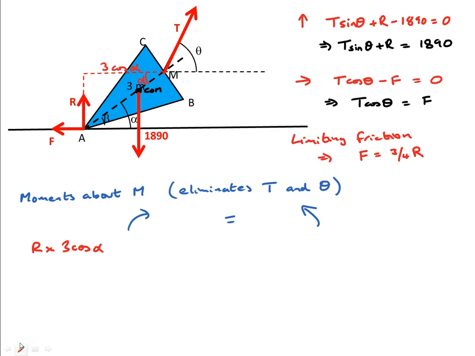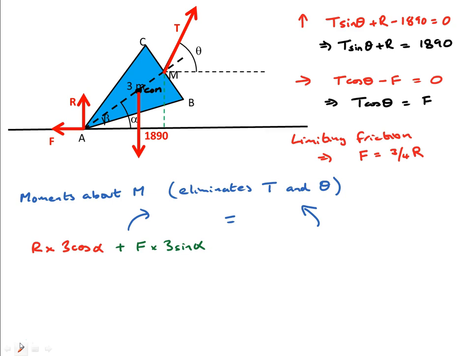The perpendicular distance of the line of action of F from M is going to be 3 sine alpha, so the moment of F about M is F times 3 sine alpha in the clockwise direction.